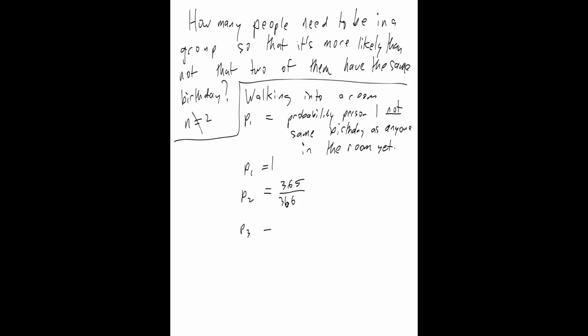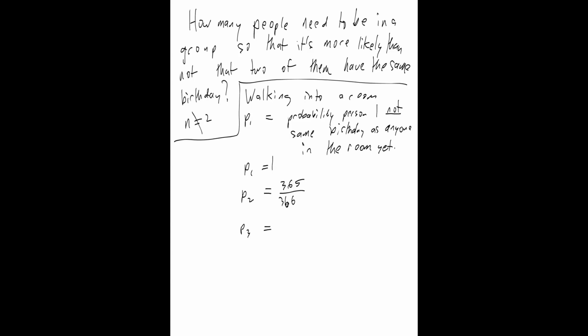Now, how about person number 3? What's the probability person number 3 does not have the same birthday as anybody in the room yet? So actually, I need to change this definition slightly.